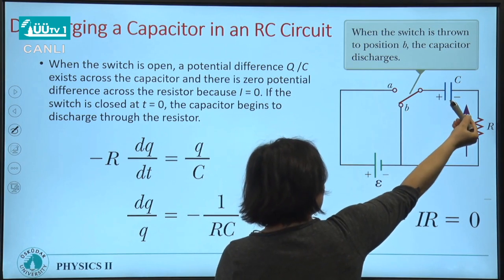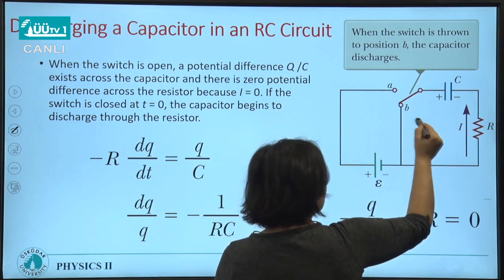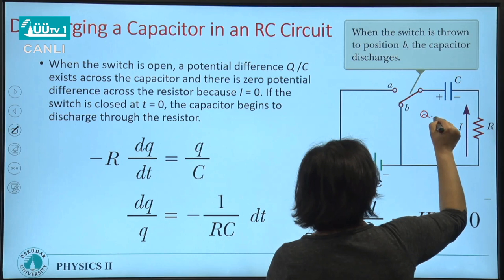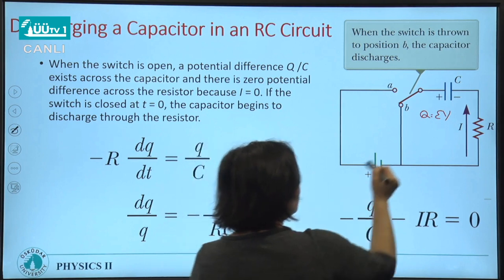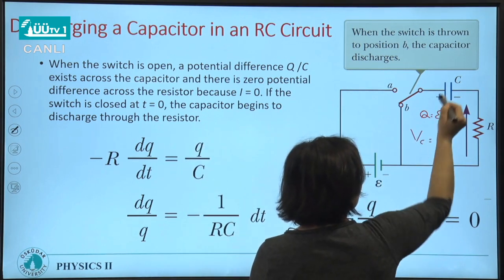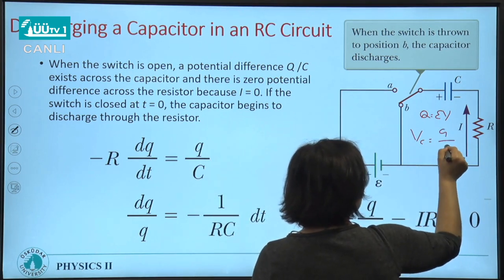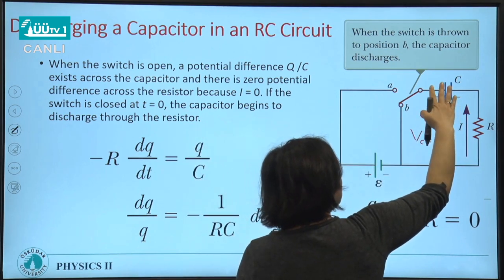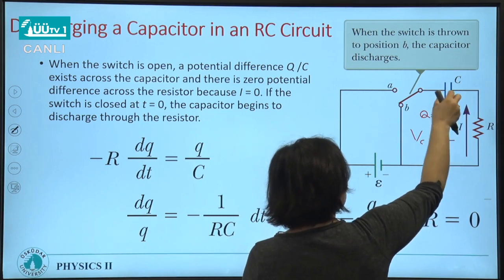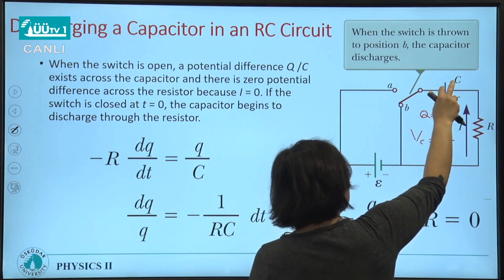We charge the capacitor and there's a maximum charge on it, which is Q equals C epsilon, or if you write the potential for the capacitor, it will be V equals Q over C. Now, our capacitor behaves like a power supply. So we charge it, it stores energy inside, so we can use this to supply energy to the circuit.